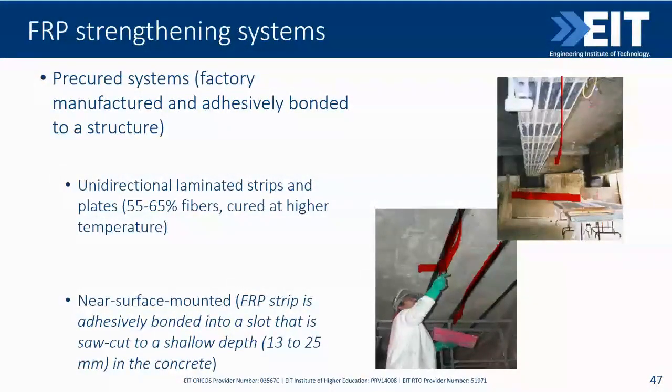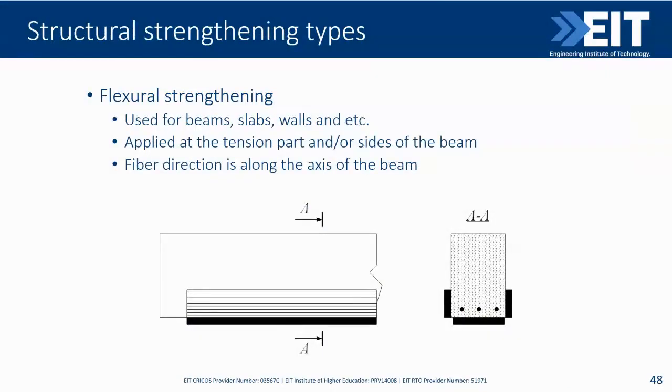In structural terms, the type of strengthening should be selected by the type of resistance to be improved. So if you want to improve flexural resistance, shear, or axial resistance, we will call it flexural, shear, or axial strengthening. The flexural strengthening is used for beams, slabs, and walls.